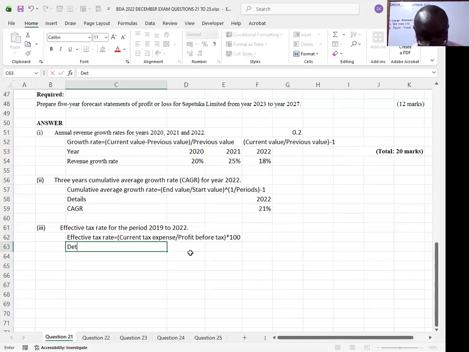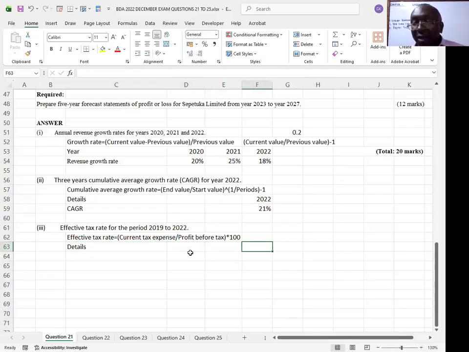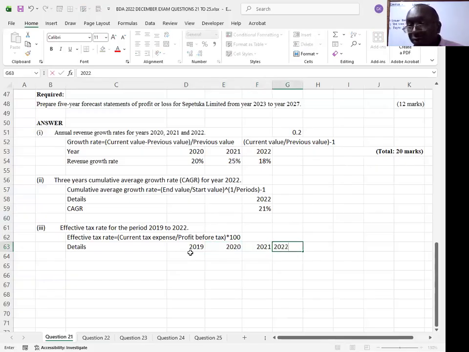So we have details here. We can do this from 2019. Actually, that's what they are saying. 2019, 2020, 2021, 2022.